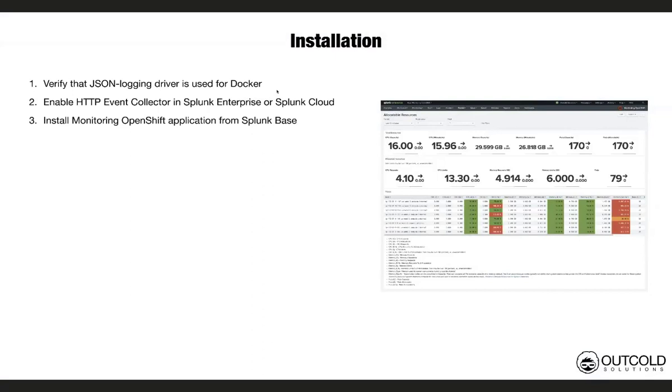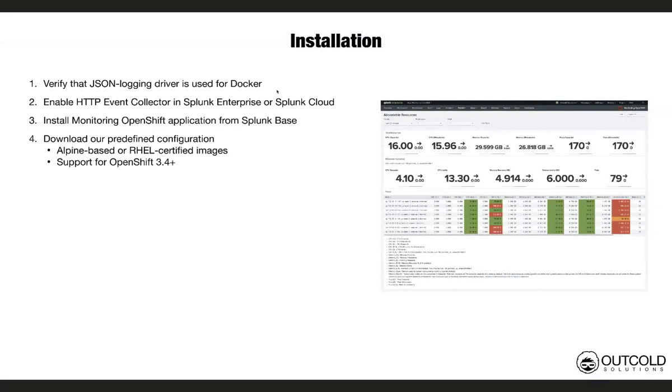You will need to install our application from Splunkbase. If you're not familiar with Splunkbase, it's basically like an app store: you go, find the application, install it, and that's it, you're done. After this, you can download our predefined configuration.